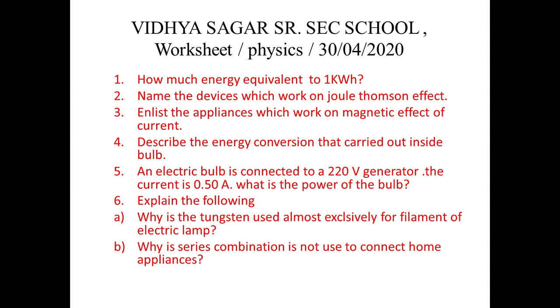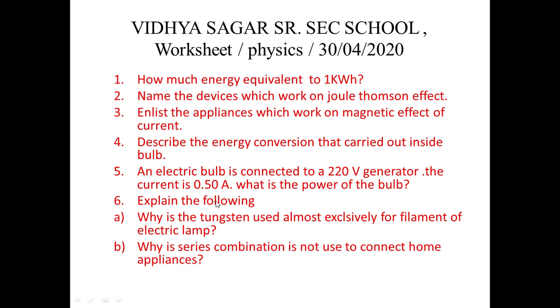Next is question number 5. The electric bulb is connected with the source of a 220-volt generator. The current is 0.50 ampere. What will be the power of the bulb? As you know the formula, P is equal to IV.